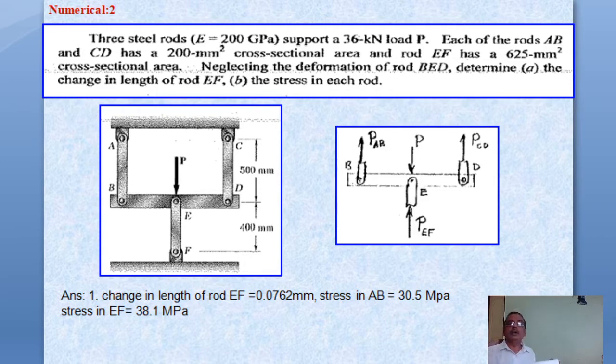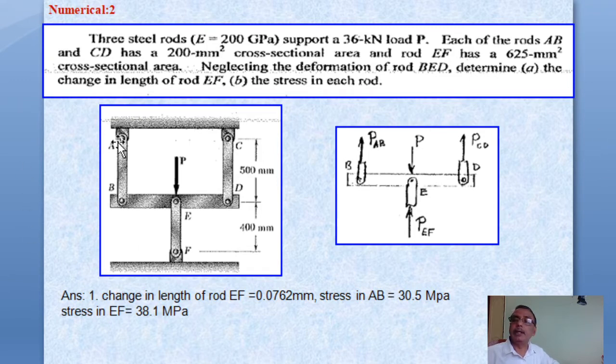Each of the rods AB and CD has 200 mm square cross-sectional area and rod EF has a 625 mm square cross-sectional area. Neglecting the deformations of the rod BED, determine the change in length of the rod EF and stresses in each rod. Here FBD is given.